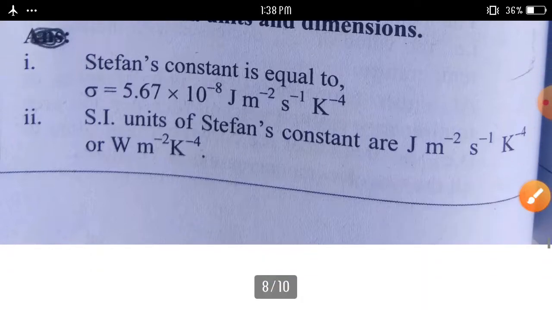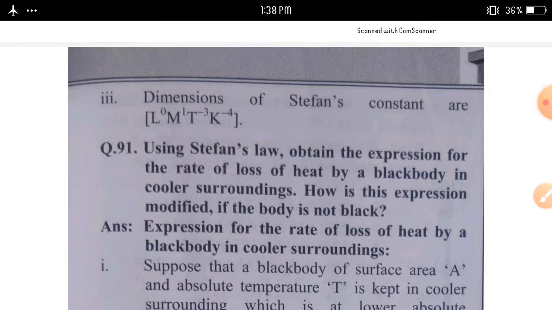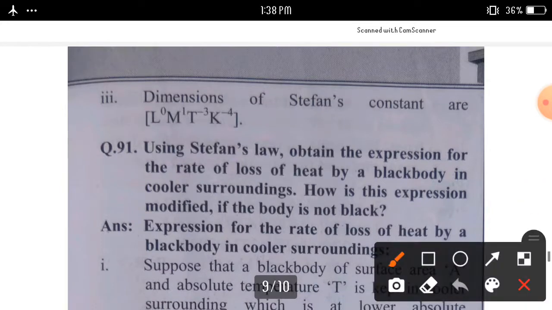And the dimension of the Stefan constant is given here: L raised to 0, M raised to 1, T raised to minus 3, and K raised to minus 4.